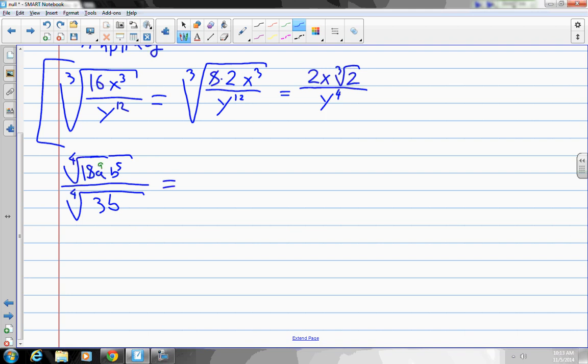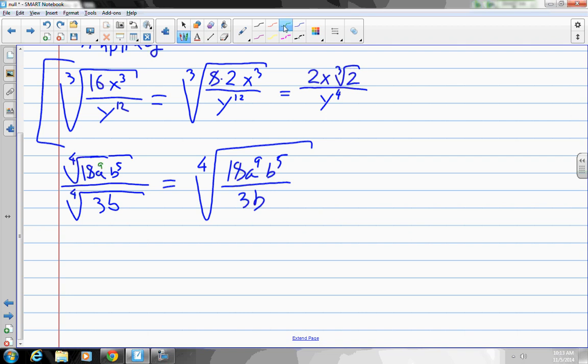This is the same as the fourth root of 18a to the power 9 b to the fifth over 3b, because I can reduce this fraction, right? Because again, this rule allows me to go either way. It's a ratio of the roots equals one root, or one root equals a ratio of the roots.